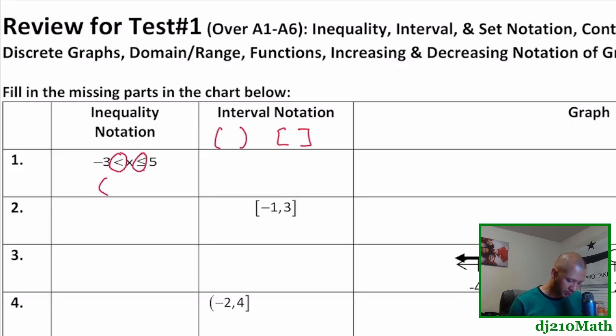Less than or equals, the or equals gets the bracket. So I just grab the endpoints, right? Just grab the numbers. -3, comma 5, parenthesis, bracket. Interval notation.